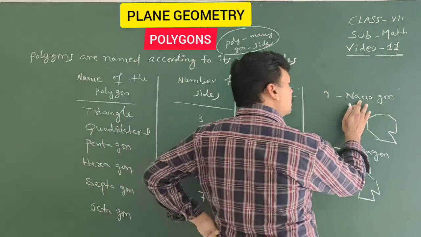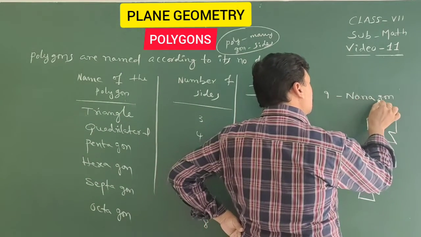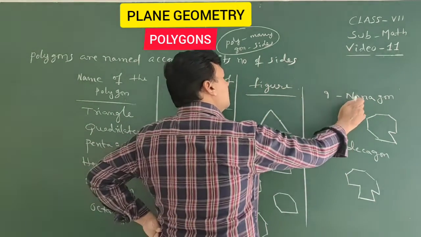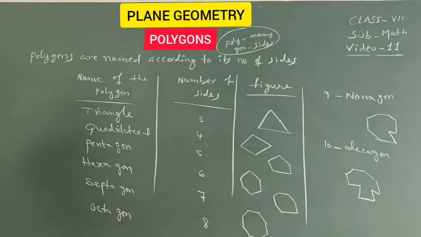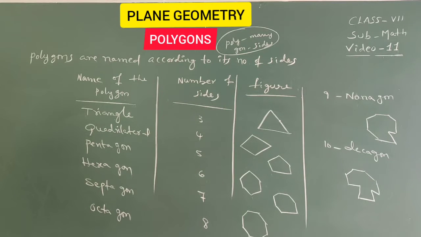Nona means 9, deca means 10, duodeca 12. Hexadecimal 16. Like that, you can name the given polygon.